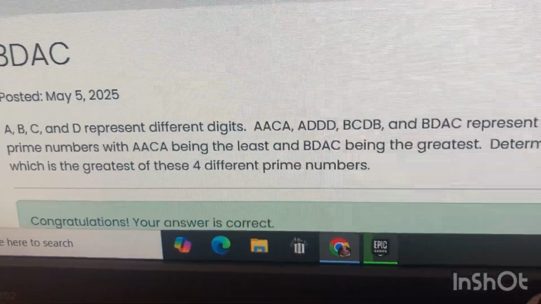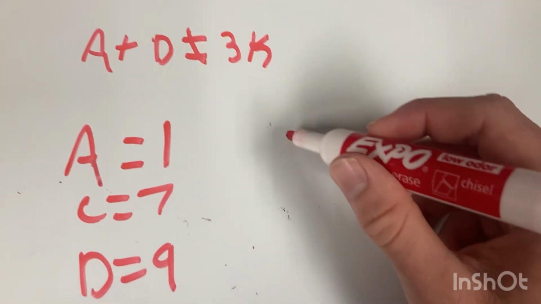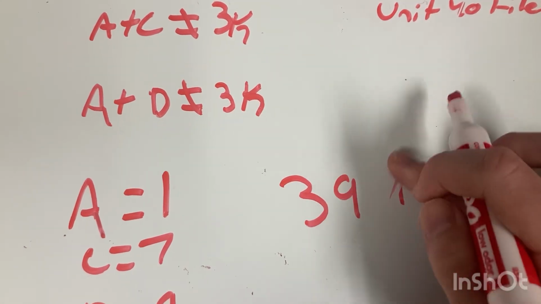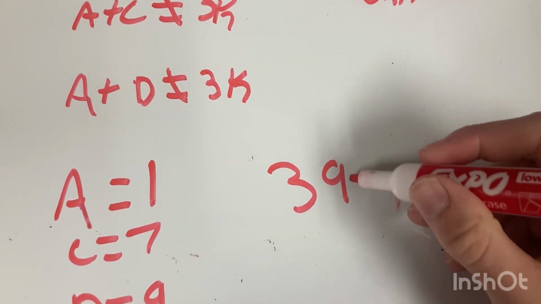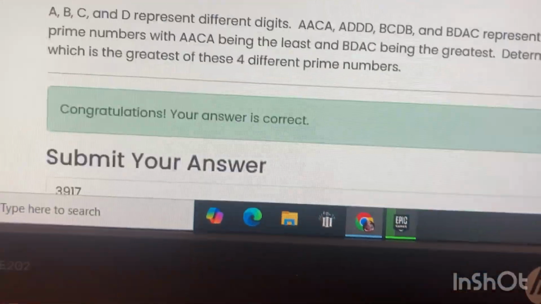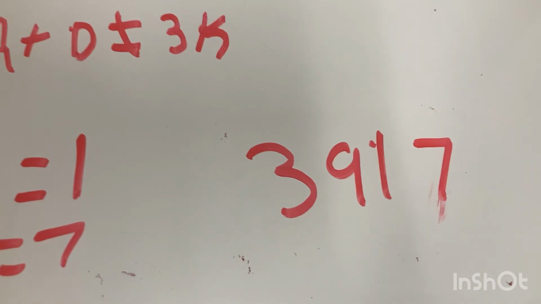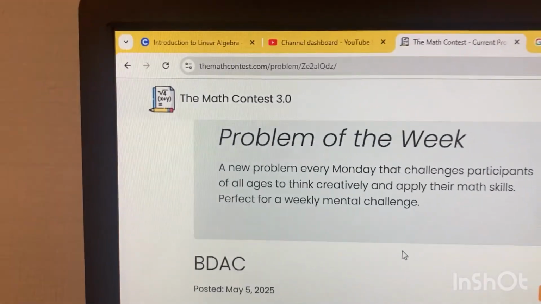And so the number BDAC must be, well, B, D, A, C. If we scroll down, because I worked it out beforehand, 3917. 3917. And that's how you do this problem, May 5th, from the Math Contest 3.0.